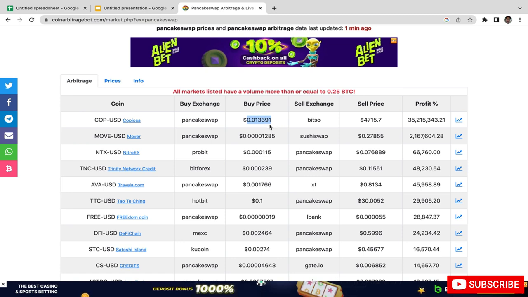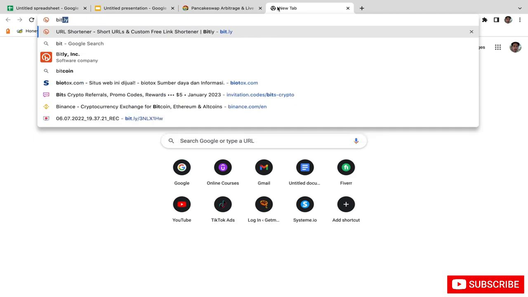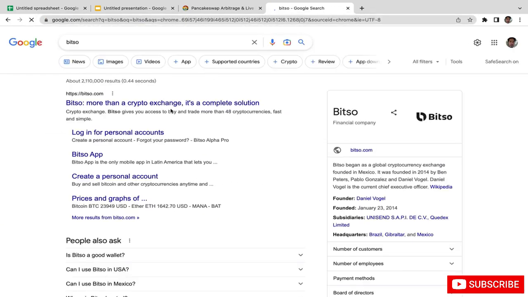Just round that number. But on Bitso, surprisingly, it costs you like 4,700, close to 5,000. This is insane, guys. But the problem is that Bitso is a centralized exchange, if I'm not mistaken. Yeah, it is.